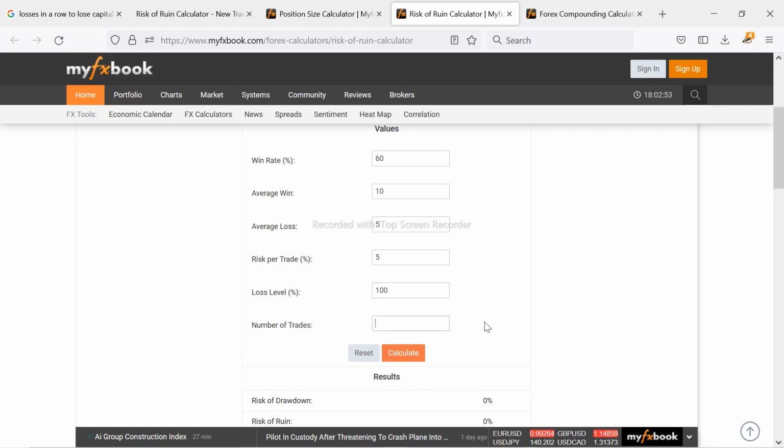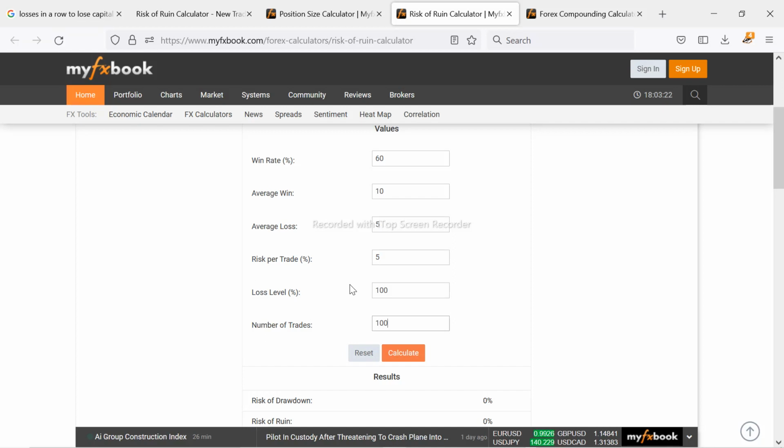And let's say that we have 100 trades, right? So with a win rate of 60%, starting with a capital of $100, you're gonna win 60% of your trades and lose 40% of your trades. Your average win is gonna be $10, your average loss is gonna be $5, and your risk per trade is gonna be 5%. So you're risking $5 to win $10.